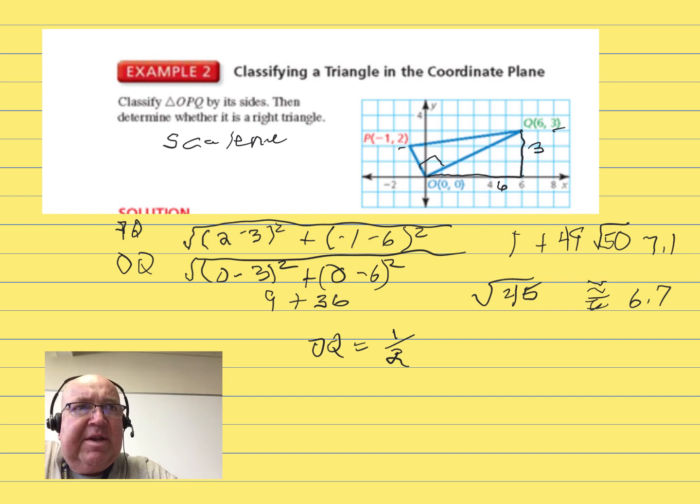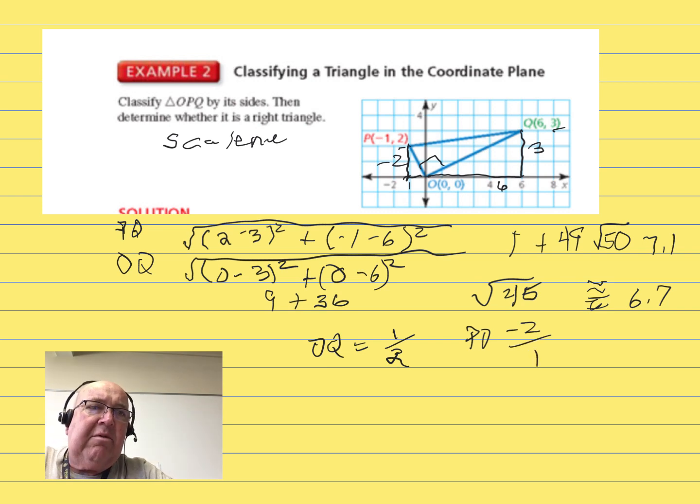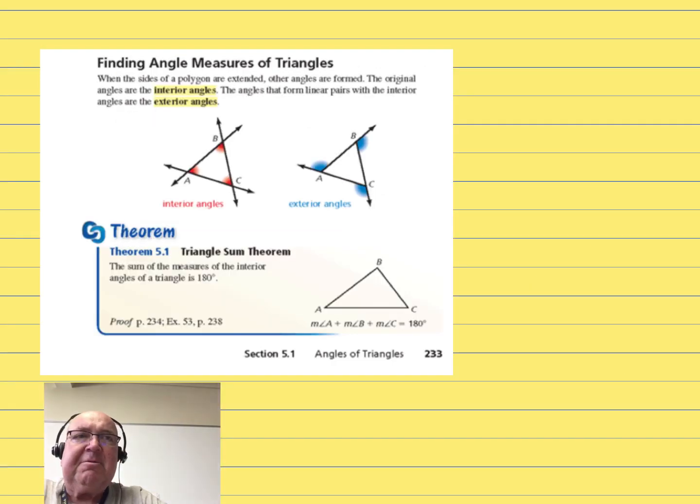And if we do PO, we're going to have down 2 and over 1, so negative 2 over 1. If I were to multiply 1/2 by negative 2 over 1, I would get negative 1, which is what is required for perpendicular. So it is perpendicular.